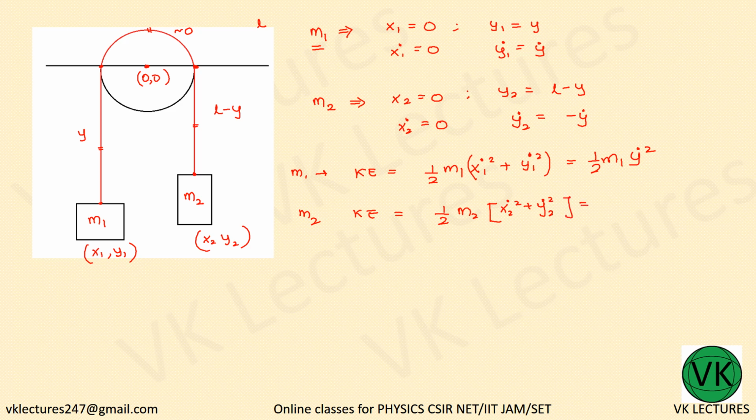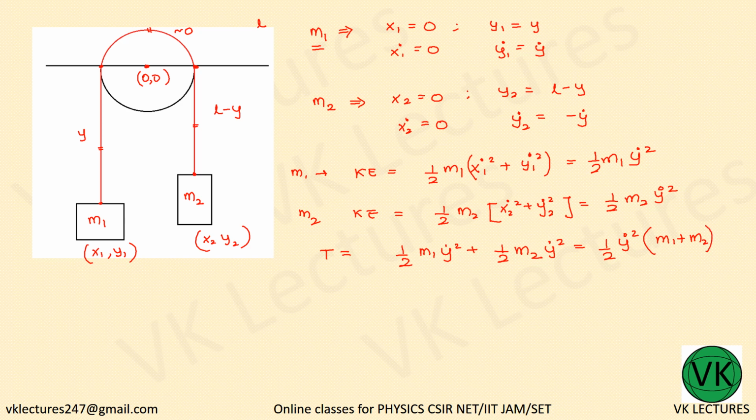So here y2 dot square is y dot square, so half m2 y dot square. So the total kinetic energy T is equal to half m1 y dot square plus half m2 y dot squared, so half y dot squared into m1 plus m2. So this is the kinetic energy T.